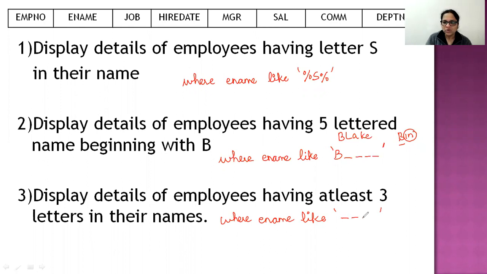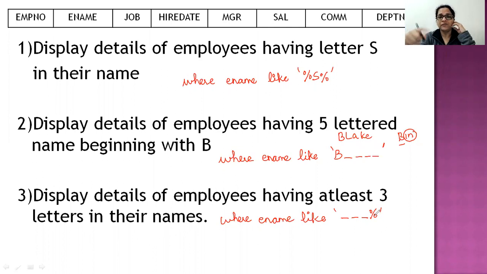So if I put underscore, underscore, underscore and stop with this, it would mean I'm looking for somebody with a 3-lettered name, because every underscore needs a character. But here it's not saying 3-lettered name, it's at least 3. So you must have 3 and you can even have more than 3. So I put a percentage, because percentage could be 0, so it's only 3, or percentage could be 2, 3, 4, so there are more letters there.